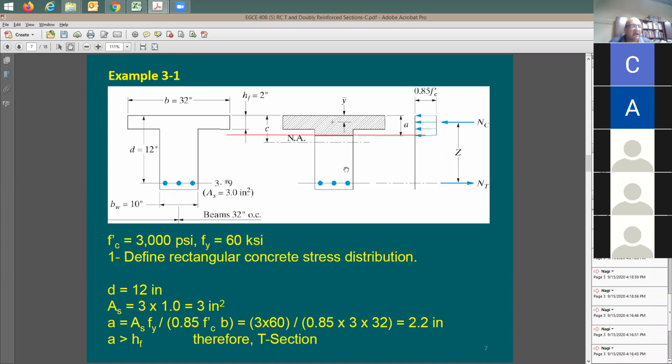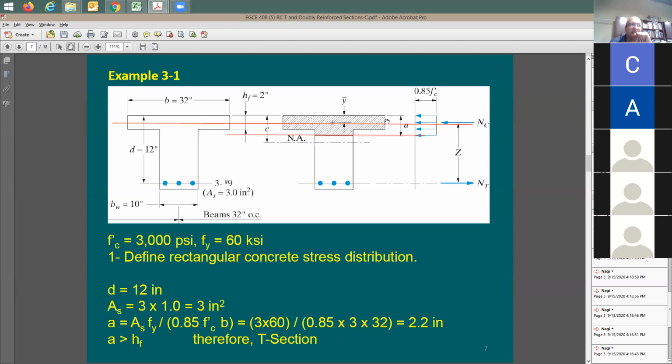And in this case, I'm going to be looking at this hatched section. It looks like a T section. I'm going to call it, in this case, a T section for the analysis purpose. I may run the analysis in a different, very similar beam, and find that the neutral axis depth is going to be right here, which means A is going to be here. It's going to be smaller than the slab thickness.